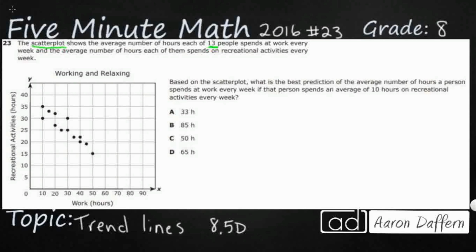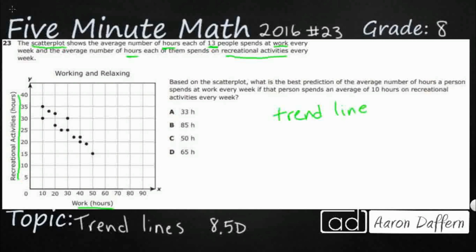And here's the tricky part: we've got hours at work, and hours at recreational activities. Our hours at work is the x-axis, and our hours for recreational activities is going to be our y-axis. What's going to be our best friend here is finding a trend line.